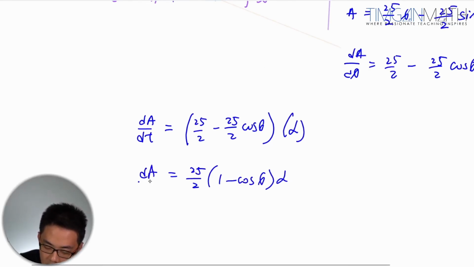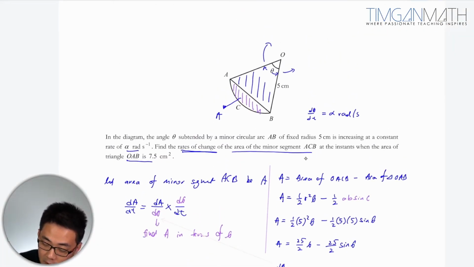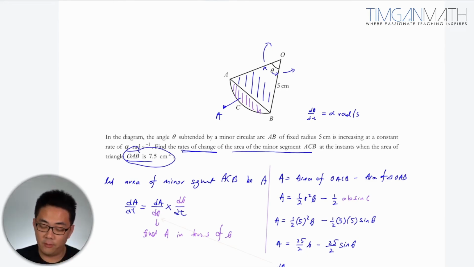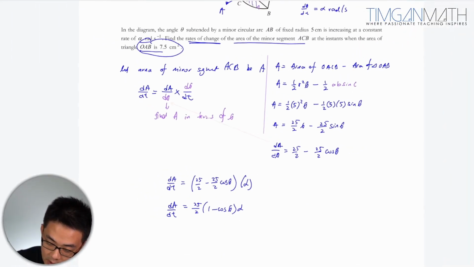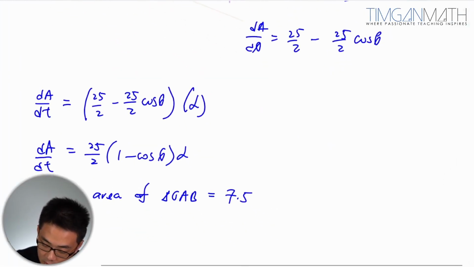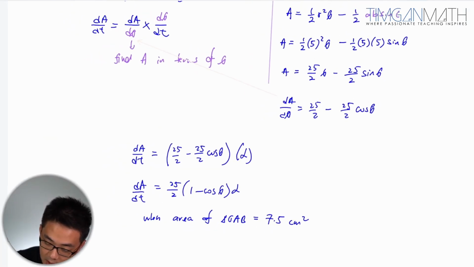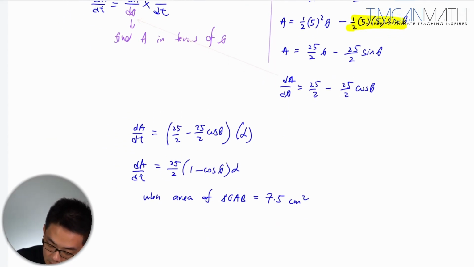So we found this generic rate of change of area, but the problem now is the area of minor segment when the area of triangle OAB is 7.5 square centimeters. We just use half AB sine theta, so half times 5 times 5 sine theta equals 7.5.